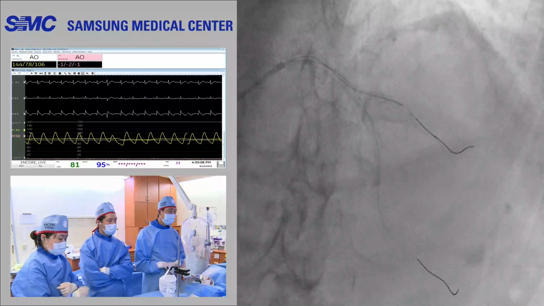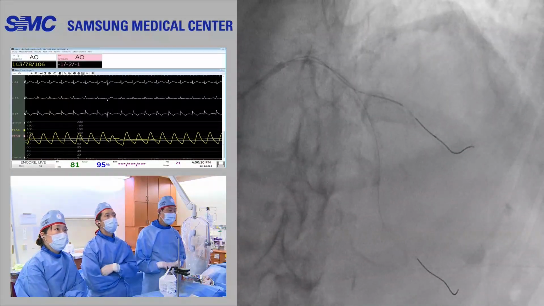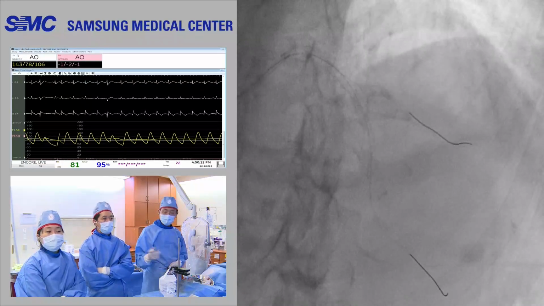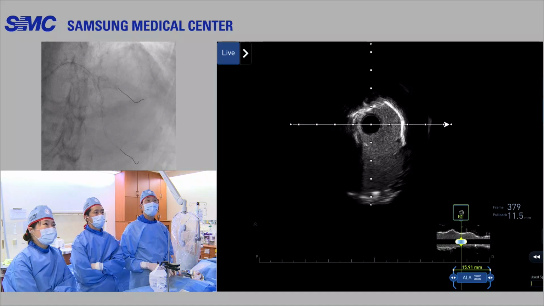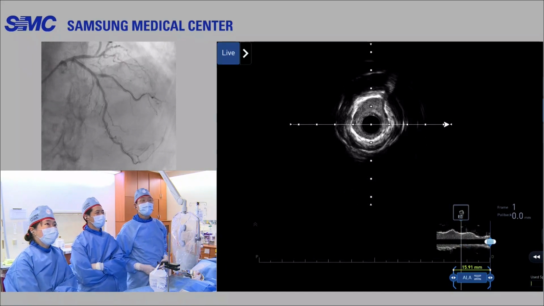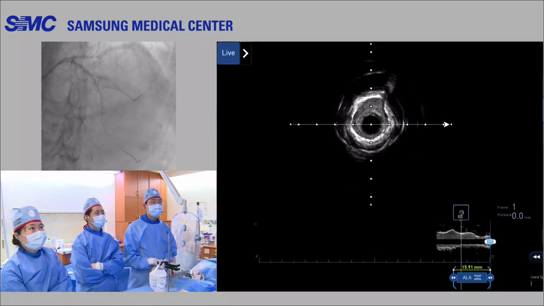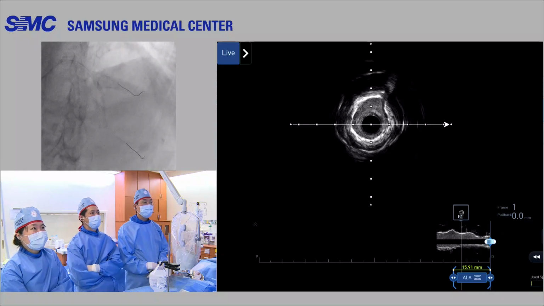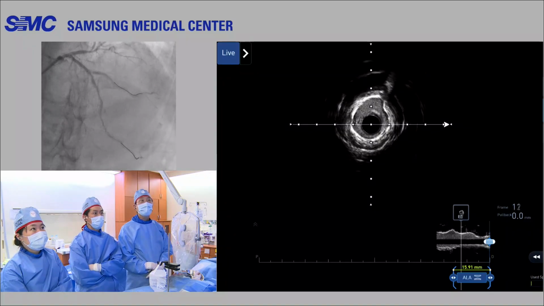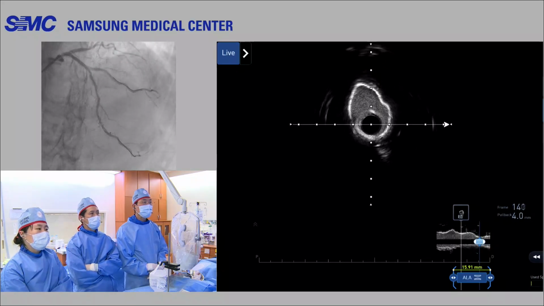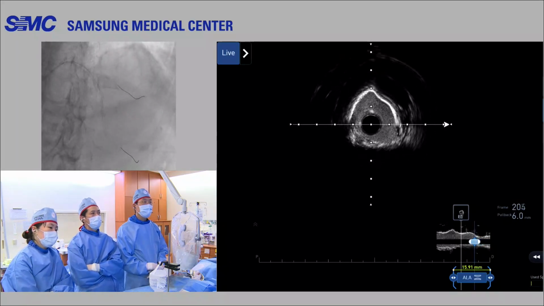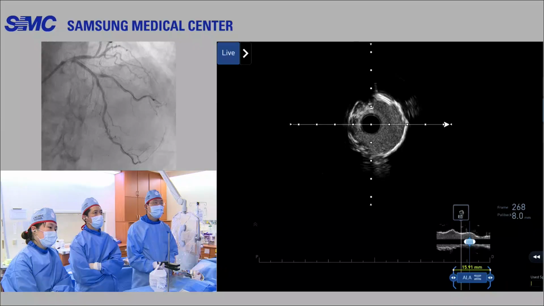So we did the IVUS. I was from the LAD. Play. Okay, this is the distal reference vessel, reference calcium.